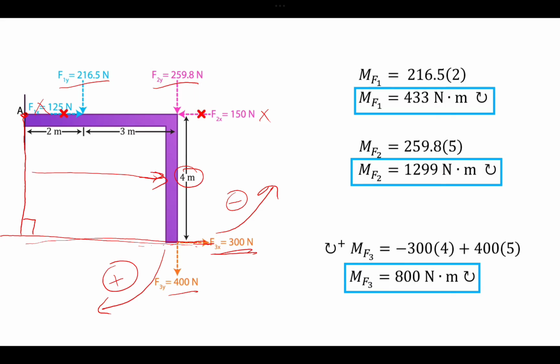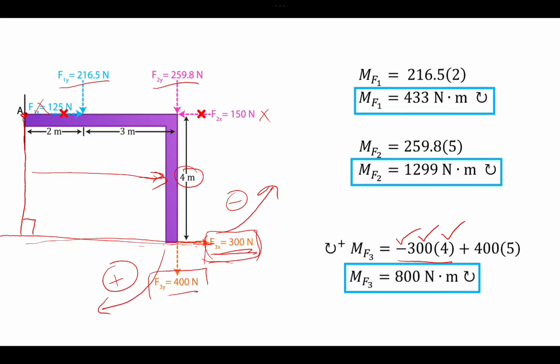Since F3x is creating a counterclockwise moment, we use the negative sign first, and then the force multiplied by the perpendicular distance of 4 meters. So this is the first moment, created by F3x.